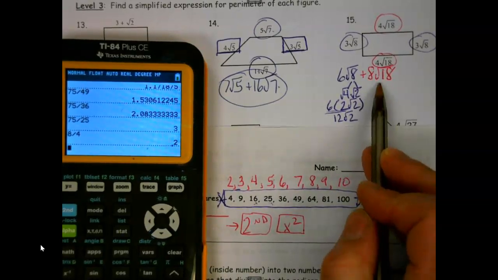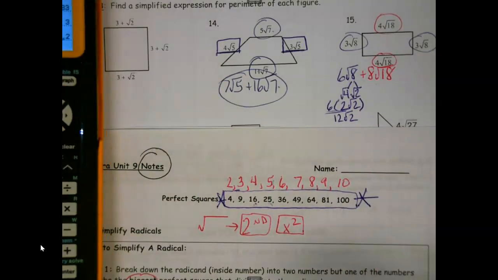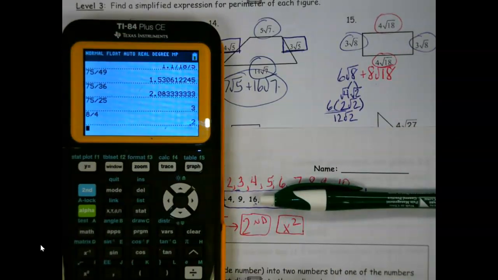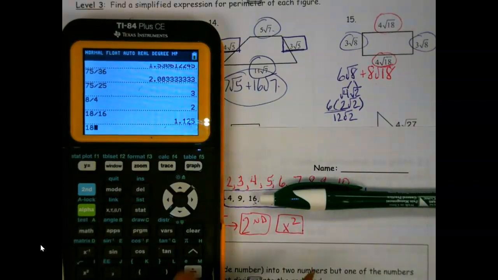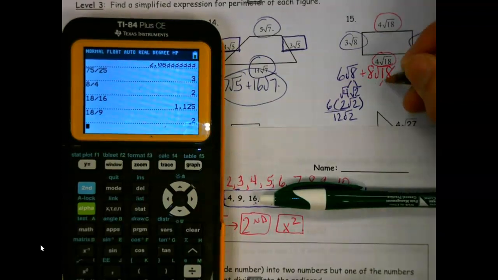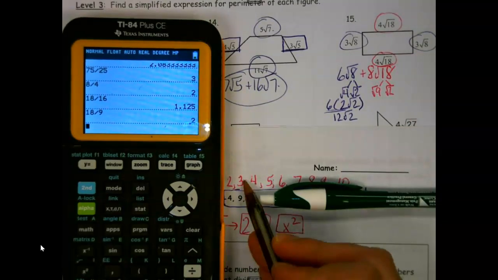So I look at this one, and I go, okay. So I look at that, and I'm like, ooh, wait a minute. I think that one has one too. So 18, 6, no, 18 and 9. Oh, 18 and 9. So 9 and 2. The 9 is perfect.